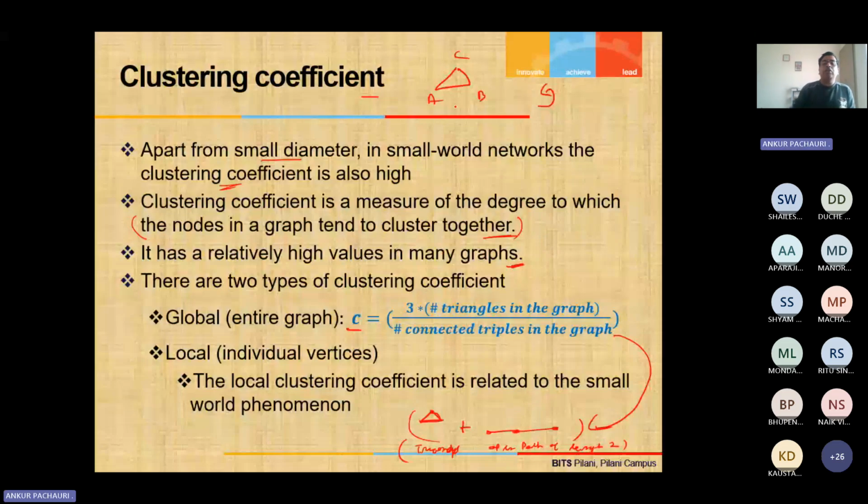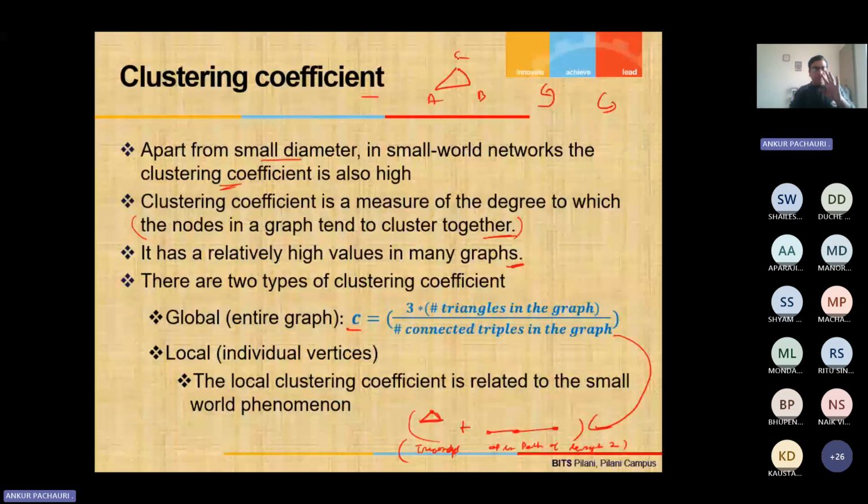If I'm taking care of clockwise and anti-clockwise both, meaning ABC and ACB, then the multiplying factor will be 6. So ABC and ACB, then BCA and BAC, then CAB and CBA.